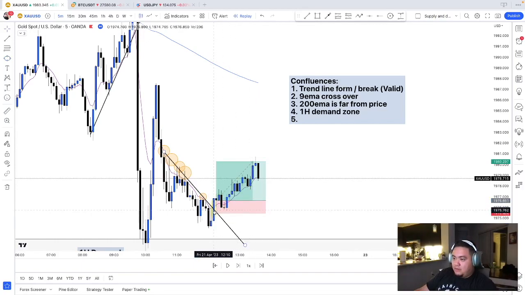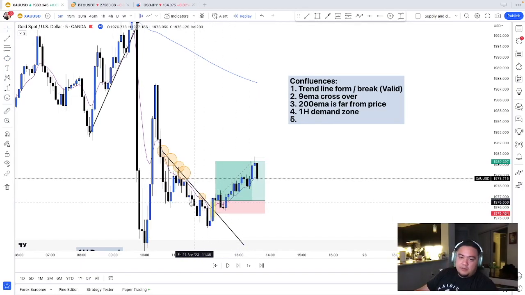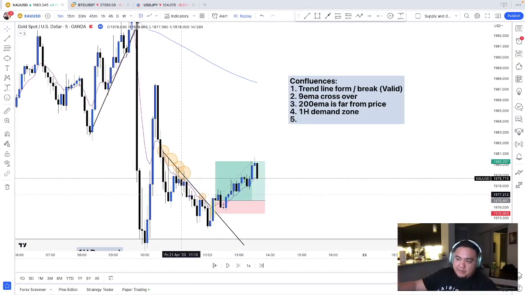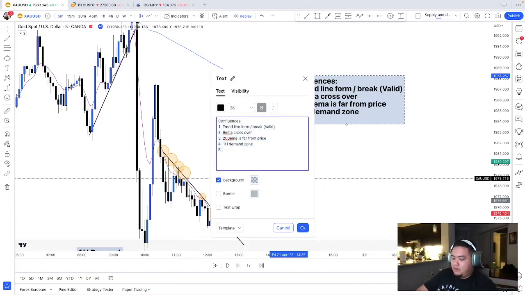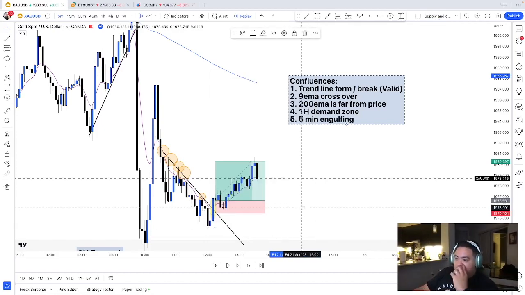So this one candle engulfs 1, 2, 3 candles all in one 5-minute time span, which is a bullish confluence. So, 5-minute engulfing. That was another added confluence.